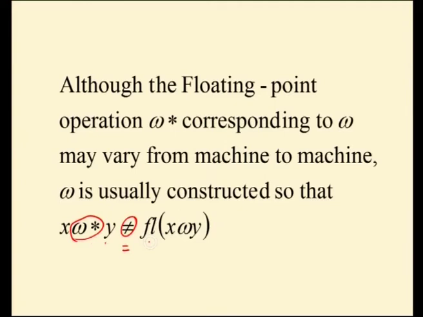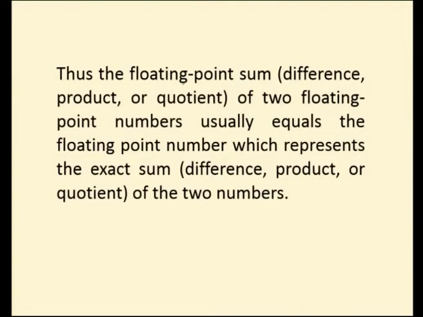I have explained with multiplication. This can be done with whatever omega is, any type of operation: addition, subtraction, multiplication or division, etc. So, what does it say in words? The floating point sum, that is addition or subtraction, or product or quotient of two floating point numbers usually equals the floating point representation of the exact sum, difference, product and quotient of the two numbers.